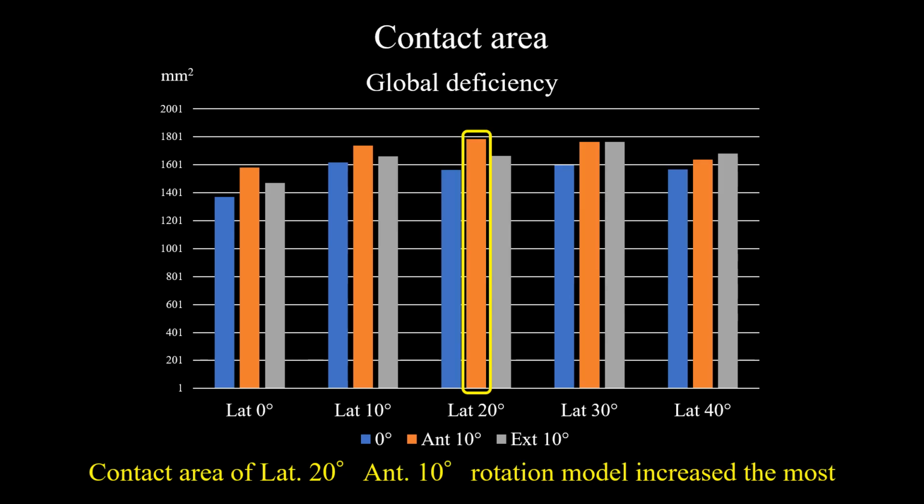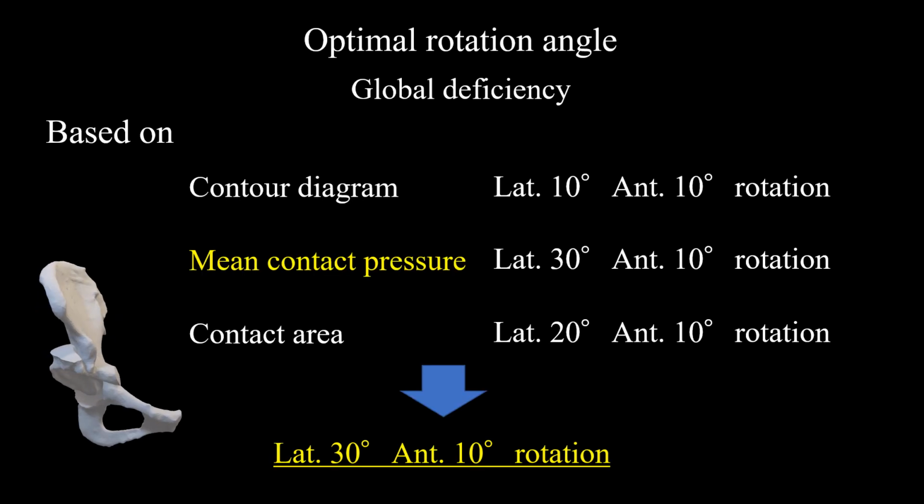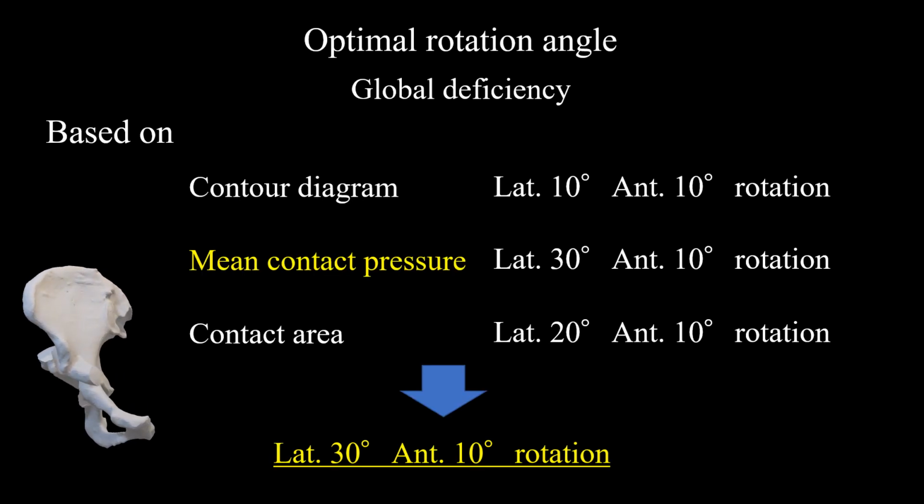This is the contact area of global deficiency. Contact area of lateral 20 degrees anterior 10 degrees rotation model increased the most. Optimal rotation angle of global deficiency based on mean contact pressure was lateral 30 degrees anterior 10 degrees rotation.